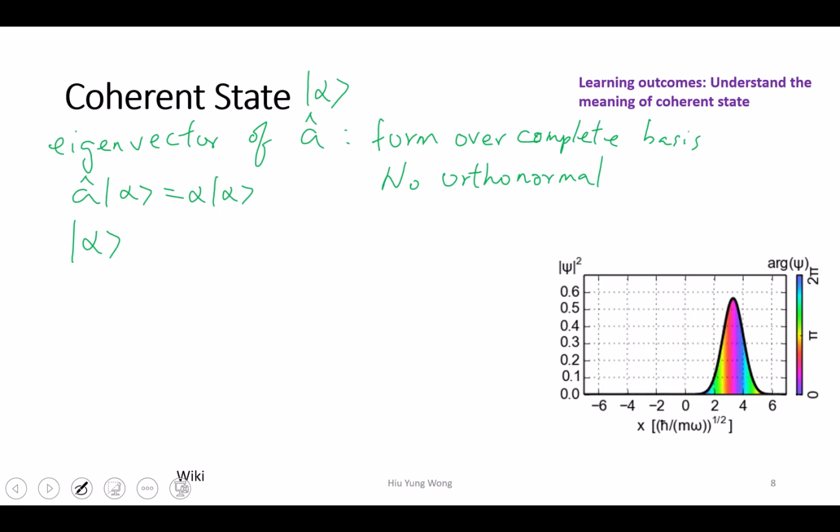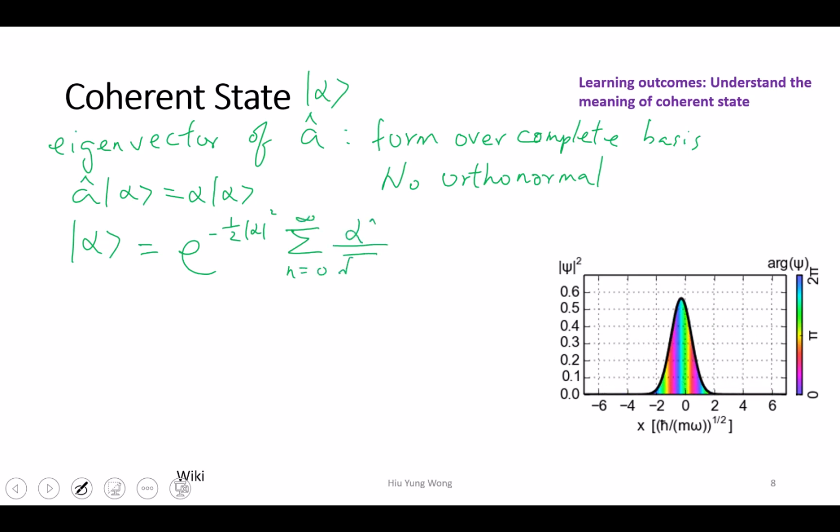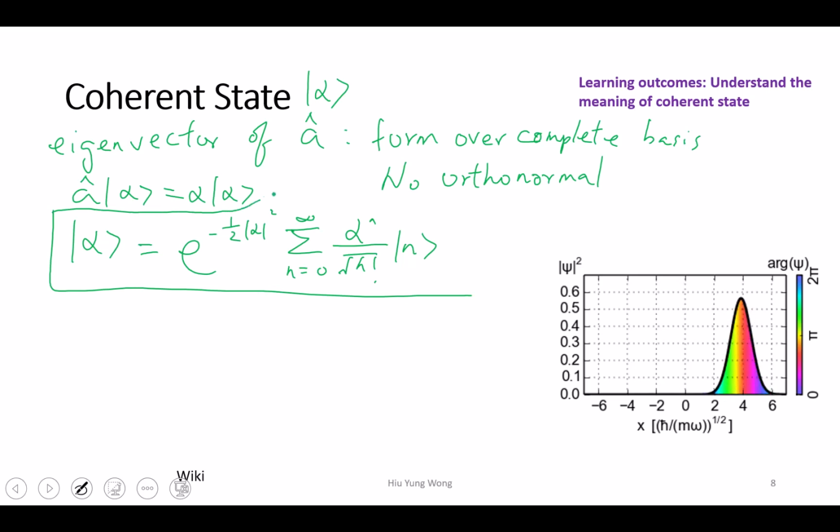I call it alpha. That is okay, right? And it turns out to be e to the power -1/2 alpha squared, summation n equals 0 to infinity, alpha to the n divided by square root of n factorial, times |n>. I know this is very long, but you want to appreciate it. This corresponds to a classical state.